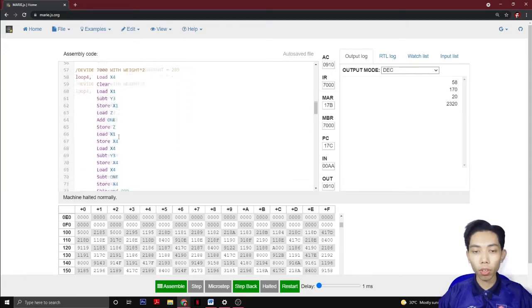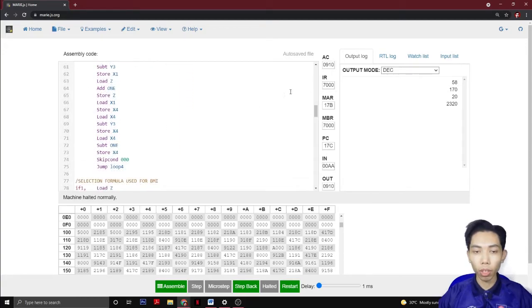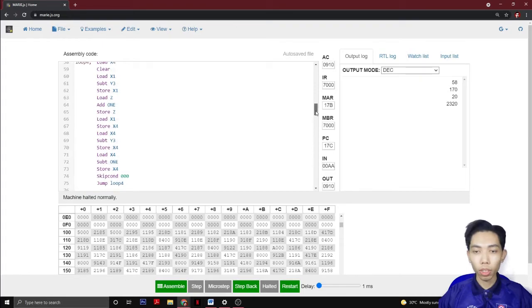Loop number 4 is to get the BMI value. To get the value, we need y3, which is the denominator, and x1 for the numerator. The value of x4 is a testing value, where it checks whether y1 is enough to minus y3 or not. If not, the system will be done and go to the next part.